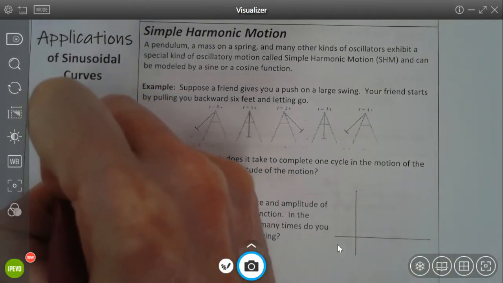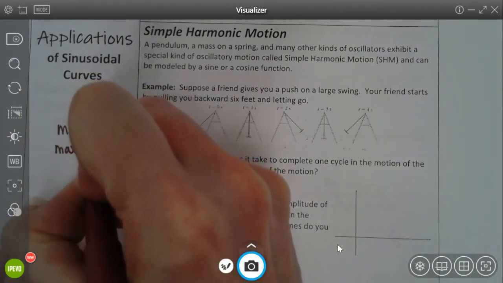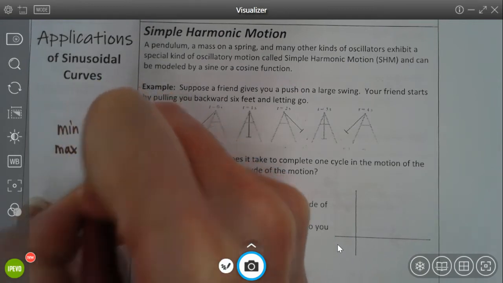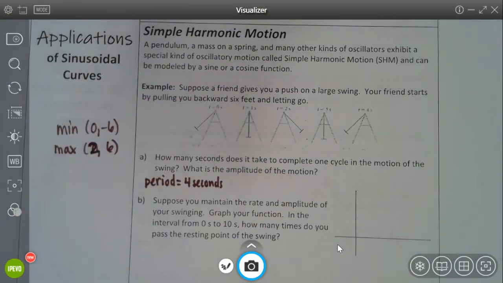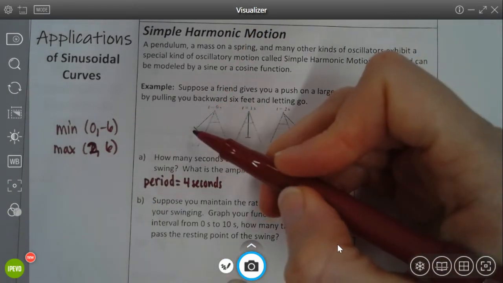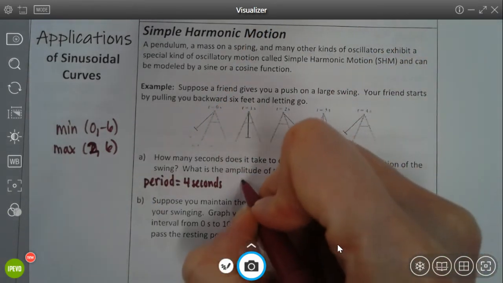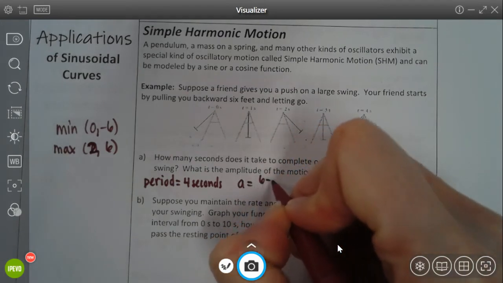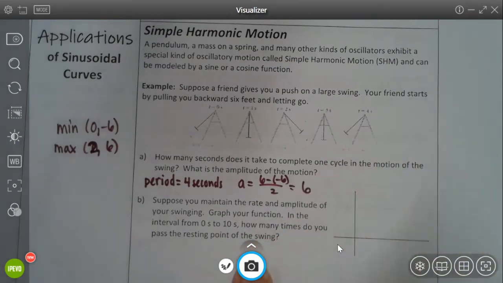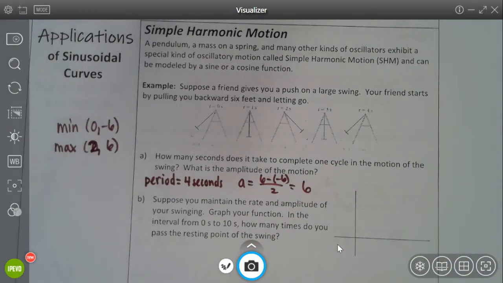So that's where you would be to the right, 6 feet. Oops, it was 2 seconds, not 0. So if I want my A value, I want to take half the difference between my max and my min value. So if I want the amplitude, I'm going to take that 6 for the far right and that -6 from the far left, and we're going to find half the distance between that. And it shouldn't be a surprise that that's 6 feet since we're moving back 6, forward 6, back 6, and forward 6.